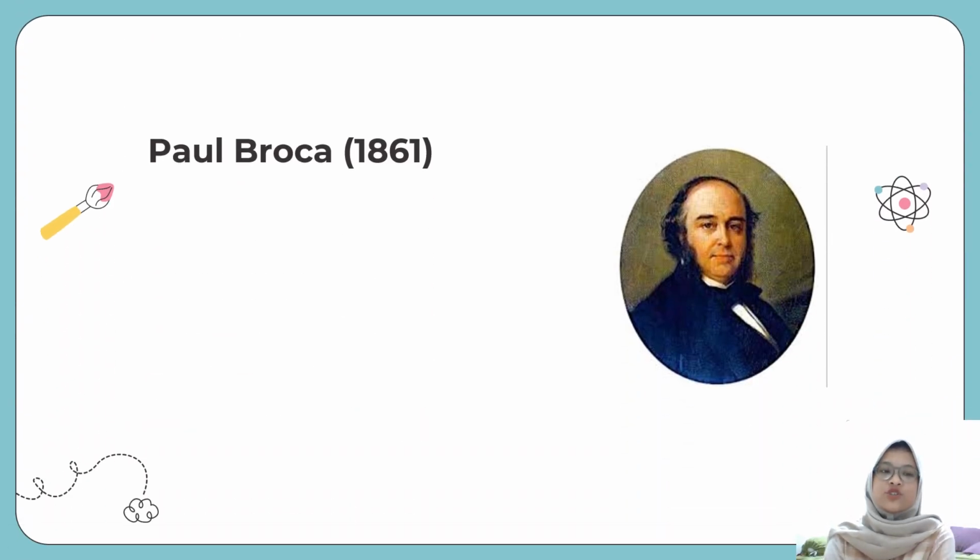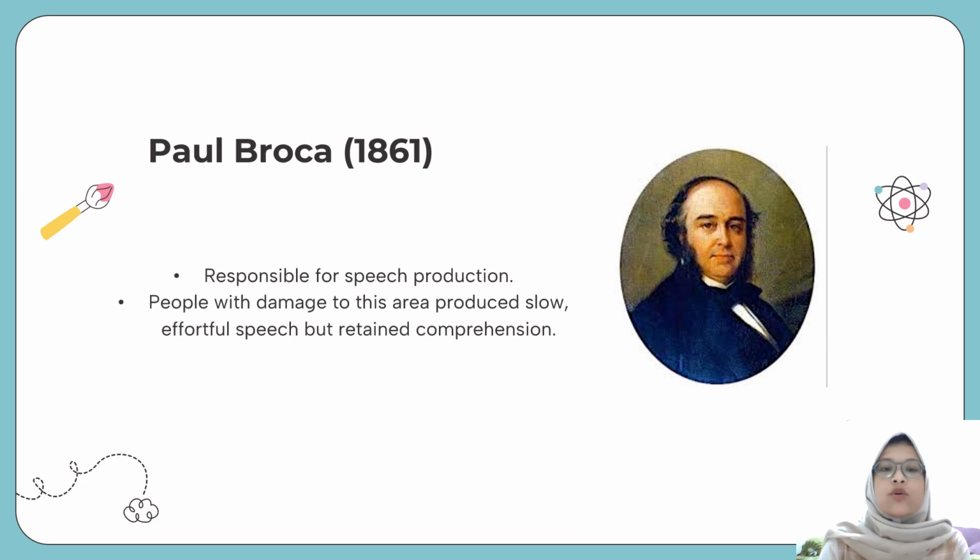Research about language disorder was done by two most influential figures, known as Paul Broca and Carl Wernicke. Paul Broca in 1861 was researching in the specific area in the left hemisphere, or the posterior third of the gyrus, or inferior frontal gyrus.